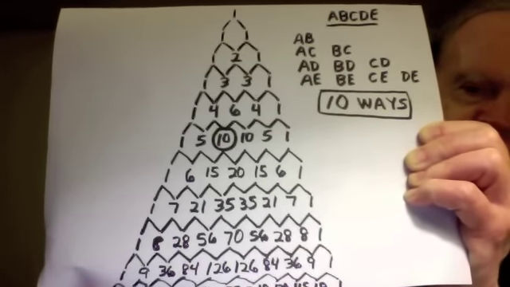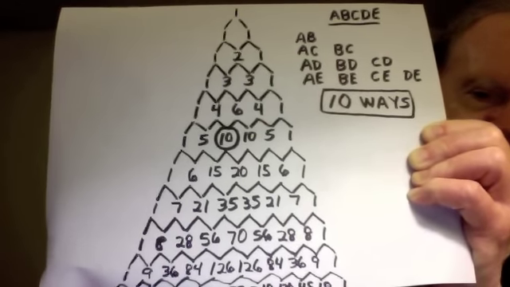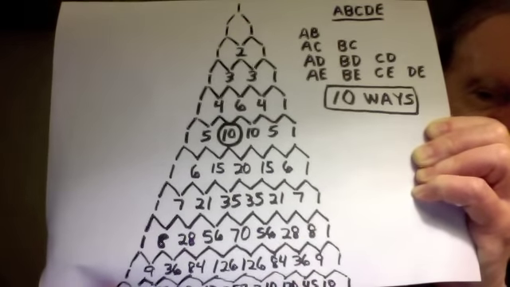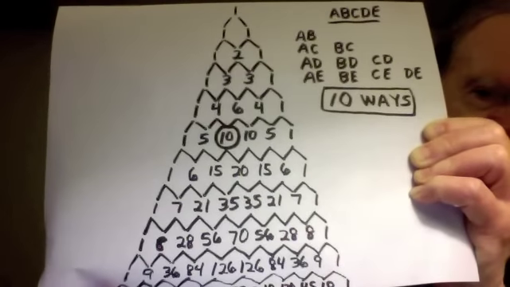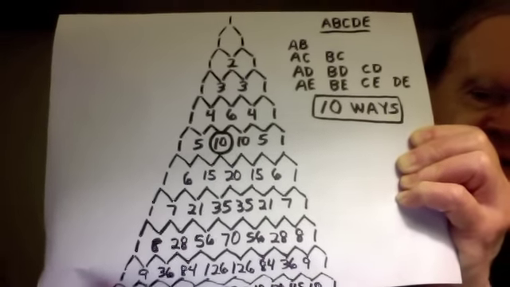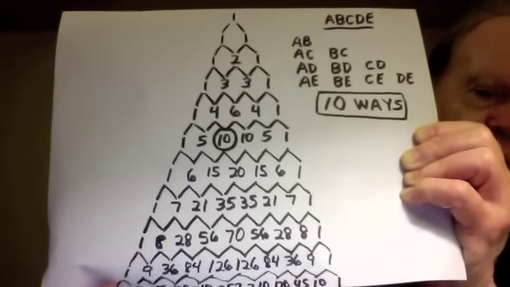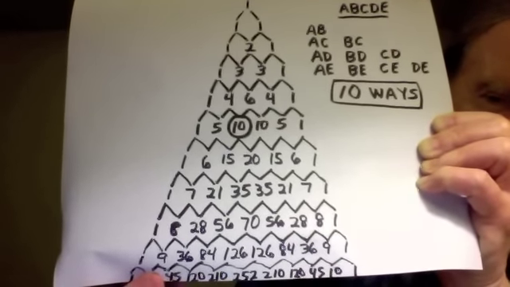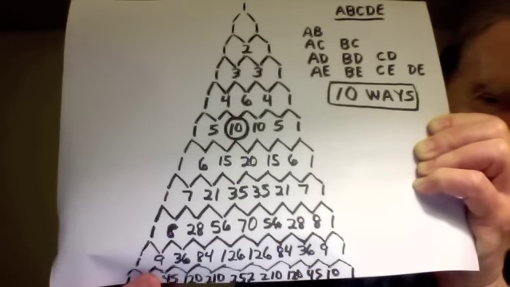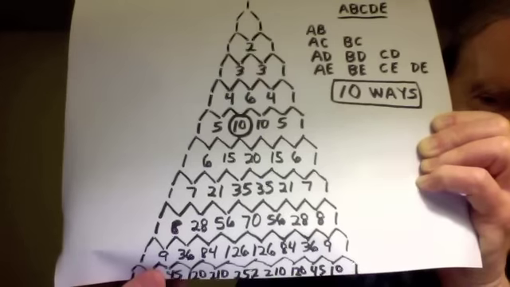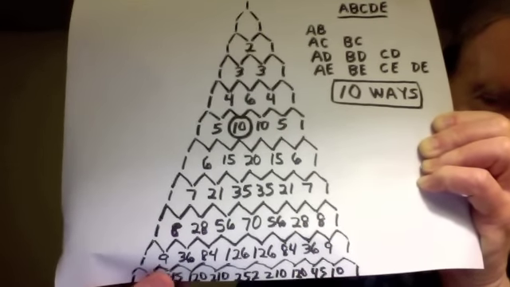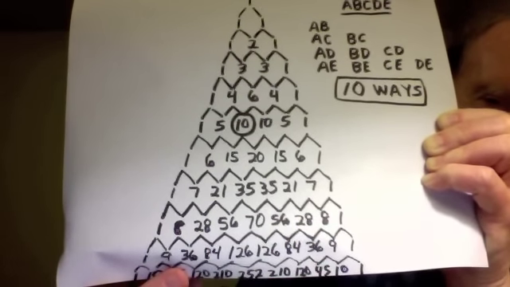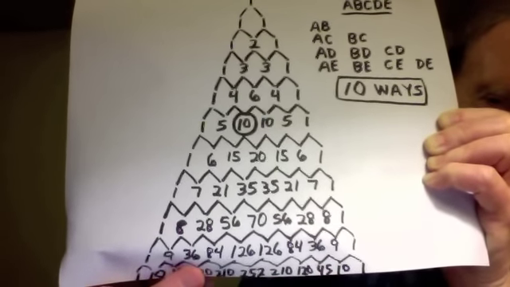There's one way of doing that, and that's to do nothing. To get to this 10, we have to follow 10 little paths, only one of them veering to the right. For this number 45, we've got 10 paths, 2 of them veering to the right. Here we have 3 of them veering to the right.